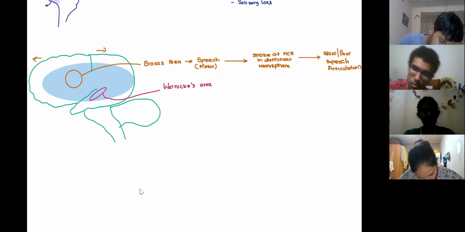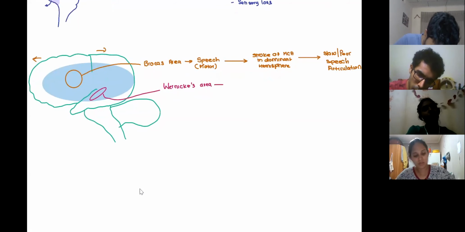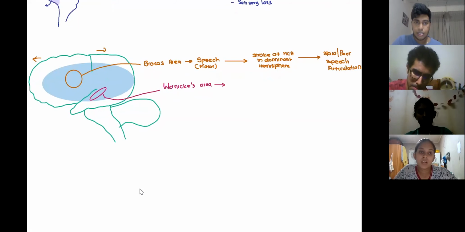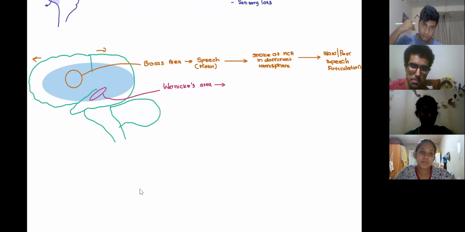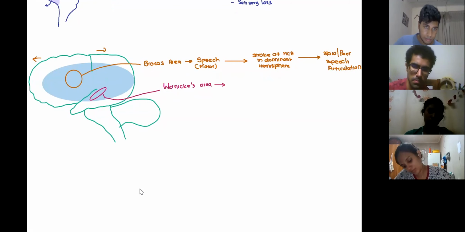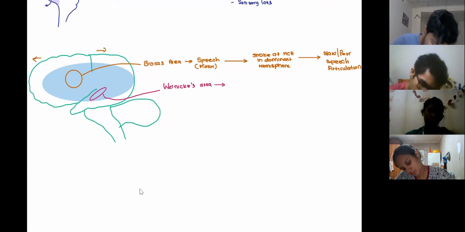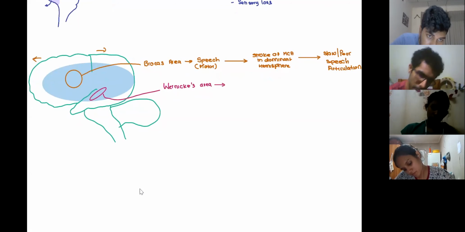Now, Wernicke's area is related to perception. This is involved in perception.